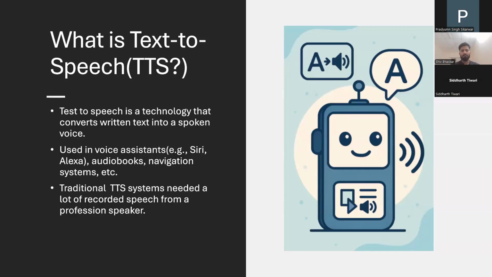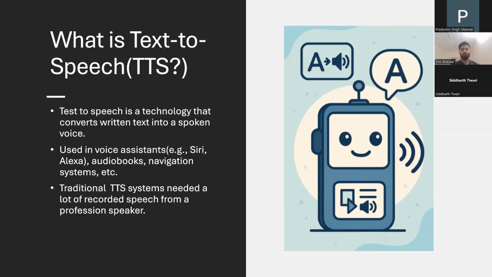Traditional systems needed hundreds of minutes of speech recorded from a professional voice artist, making them costly and rigid. In contrast, zero-shot aims to generalize to new voices with minimal data. With short data, we can generate a rich output. For that, we use zero-shot speech synthesis.